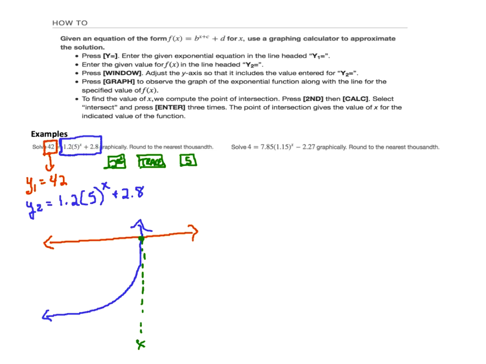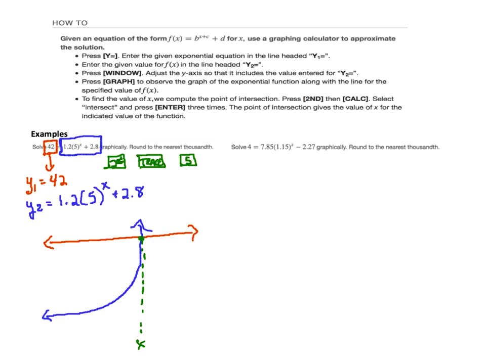And it's going to ask you first curve. You want to just arrow your cursor that's blinking onto one of the functions and hit enter. So I put my cursor on y equals 42 and I'm hitting enter. And then it says second curve. You just want to make sure it's on the other function and hit enter. And then it says guess. Don't worry about guessing.